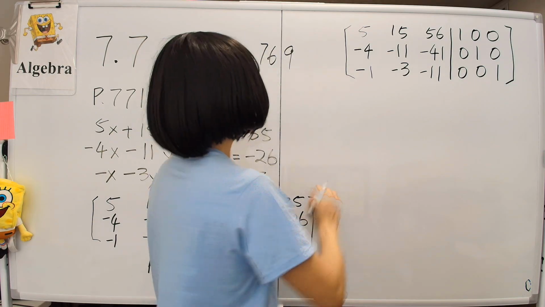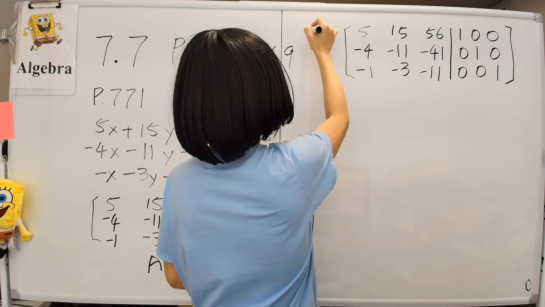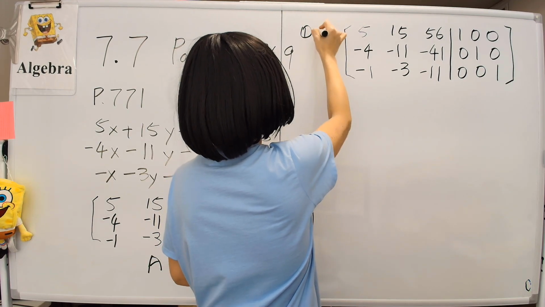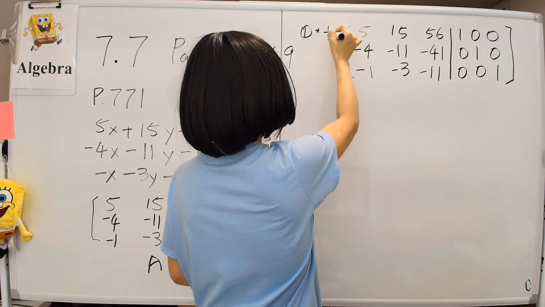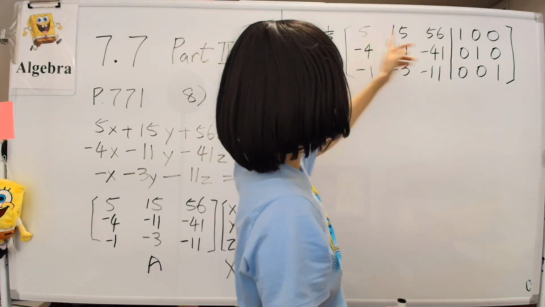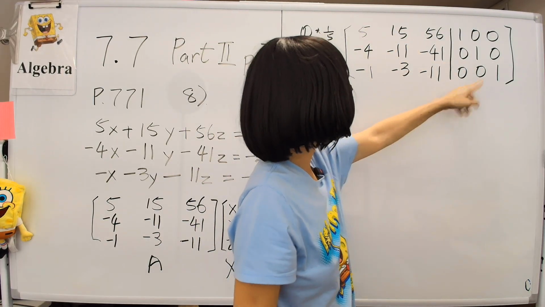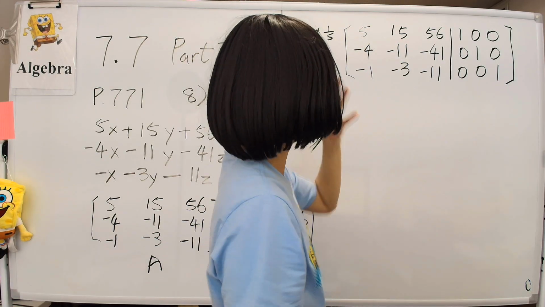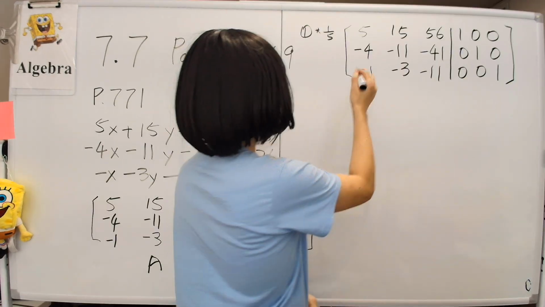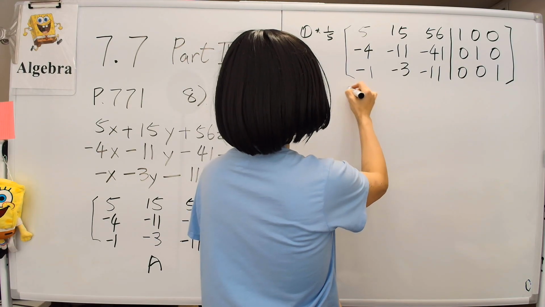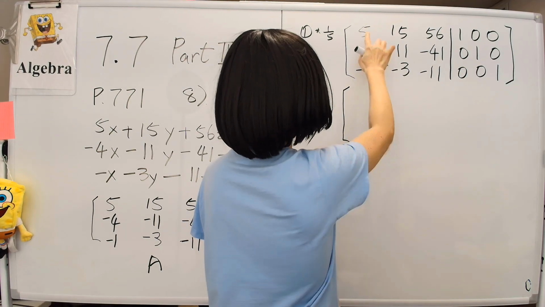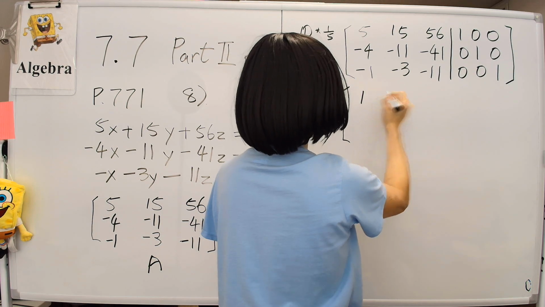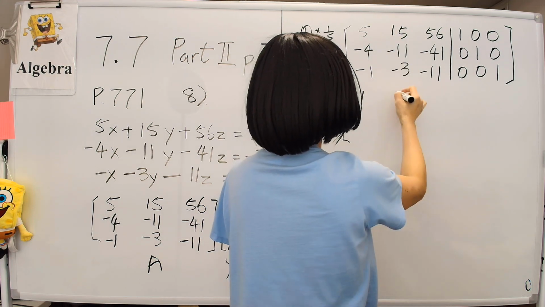The first thing we're going to do is take row 1 and multiply it by 1/5. Why? Because we're trying to turn this side to look exactly like that side. To do that, this is a 5, so let's divide it by 5. That will make it into 1. So this is just row 1. Divide by 5, we get 1, and this divided by 5 is 3.